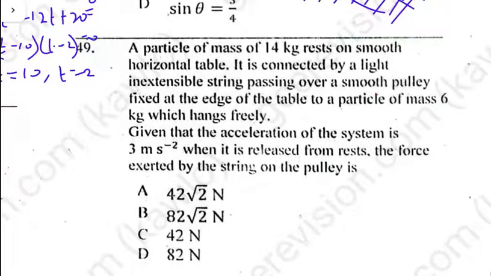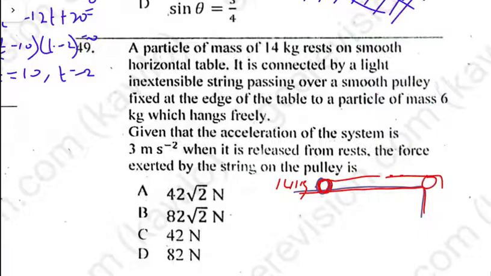A particle of mass 14 kg rests on a smooth horizontal table. It is connected by a light inextensible string passing over a smooth fixed pulley at the edge of the table. So let's say this is a table here, and the particle of 14 kg is lying here, connected to a particle of mass 6 kg, which hangs freely.